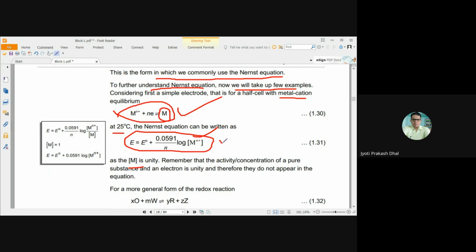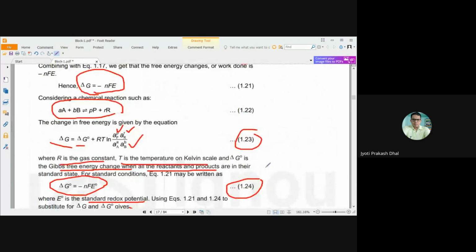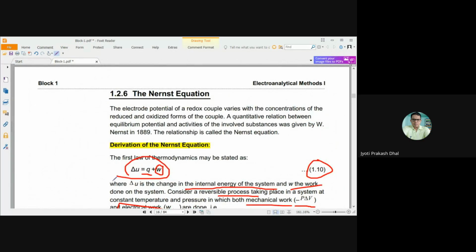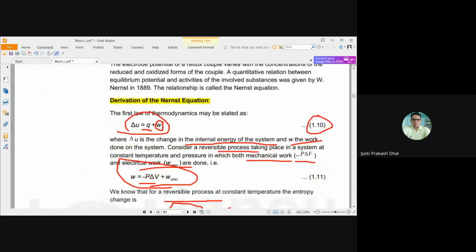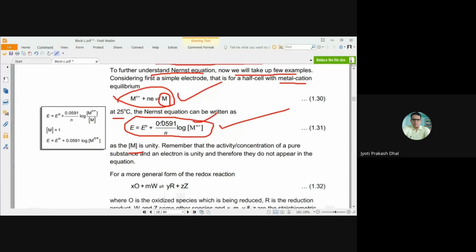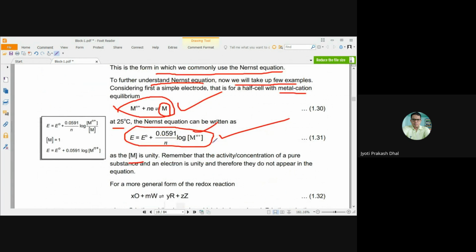So this equation can be written like this. So this is the Nernst equation, and there is a chance of a long question on derivation of the Nernst equation. If in the semester examination derivation of the Nernst equation is asked, then you will start from here up to this one, and after that we apply the Nernst equation for a particular example.